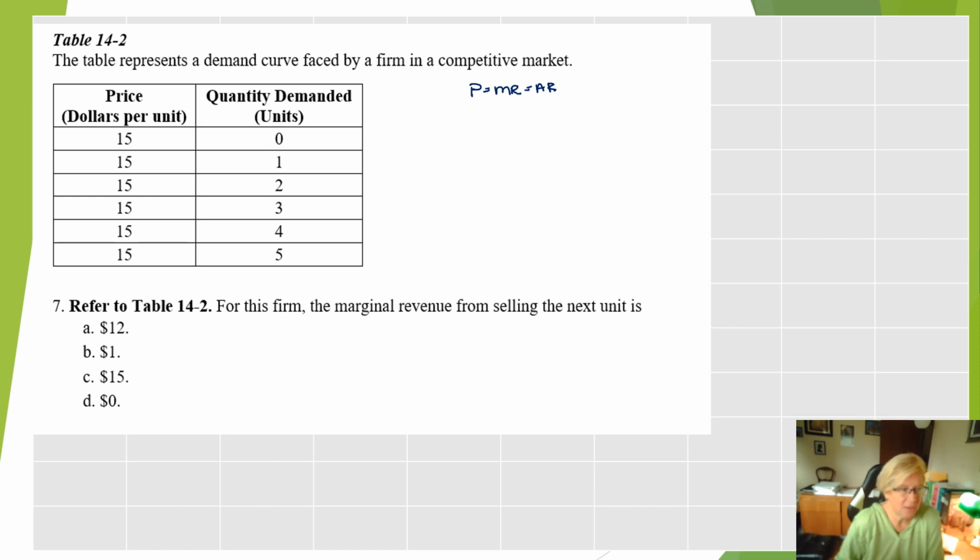Well, because price is constant in a perfectly competitive market, it's going to be $15. It's going to be 15, and 15, and it's going to continue, because the demand curve in a perfectly competitive market is horizontal.